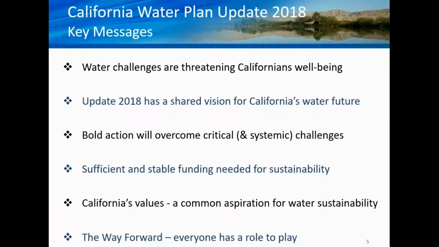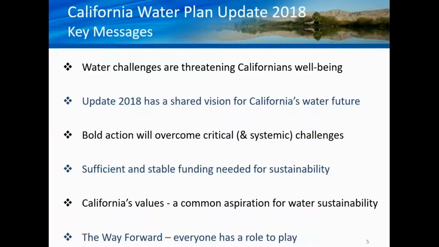So in chapter 1, we cover the challenges and some key messages under there: that we have a lot of challenges threatening Californians' well-being out there. We have a shared vision. We have some bold action and critical challenges there. And we need sustainable and stable funding.